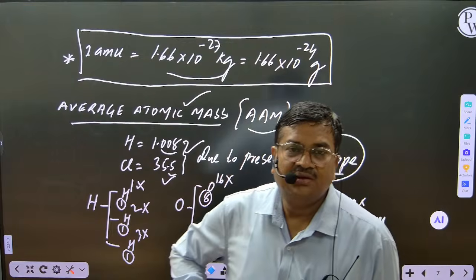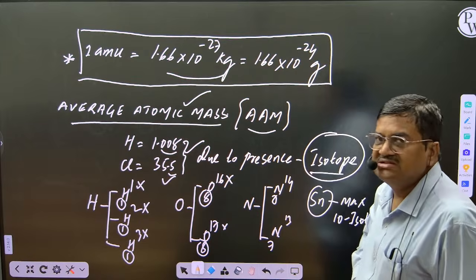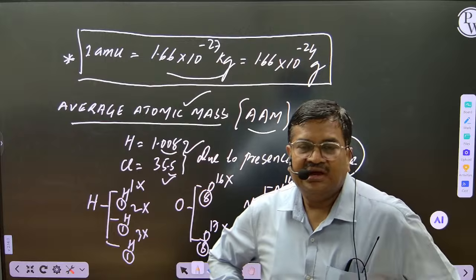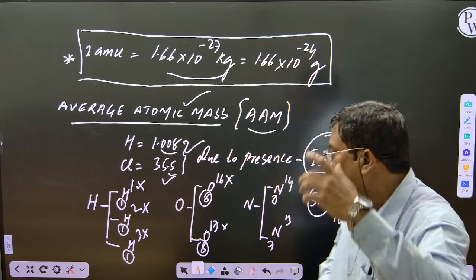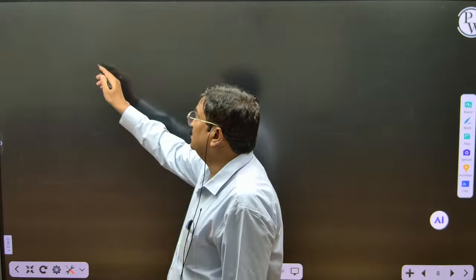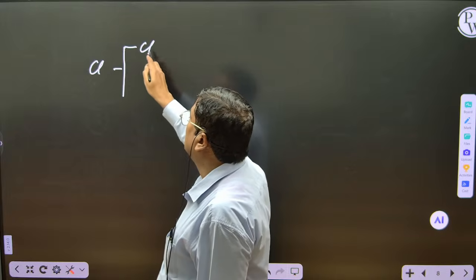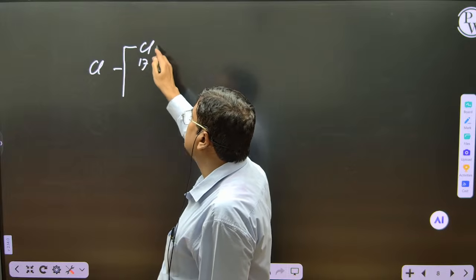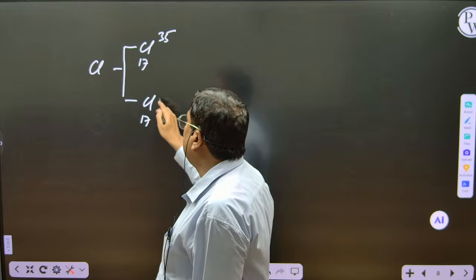Following, students? In NEET as well as JEE Mains, they ask questions from average atomic mass. For example, write one question. You know chlorine. Chlorine has two isotopes: chlorine mass number 35 with atomic number 17, and another chlorine 17, 37.